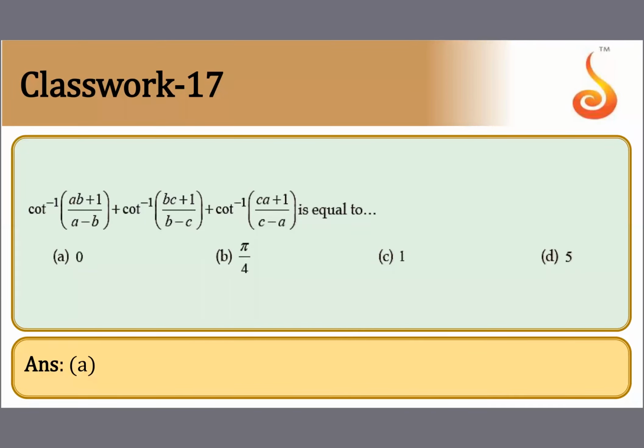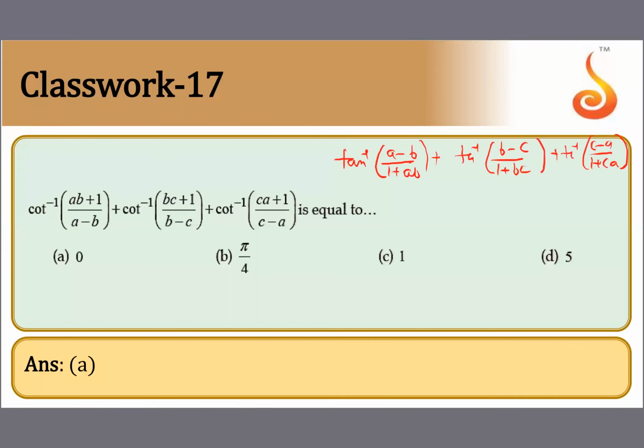Okay, here what is happening? This can be written as tan inverse (a minus b) by (1 plus ab) plus tan inverse (b minus c) by (1 plus bc) plus tan inverse (c minus a) by (1 plus ca).